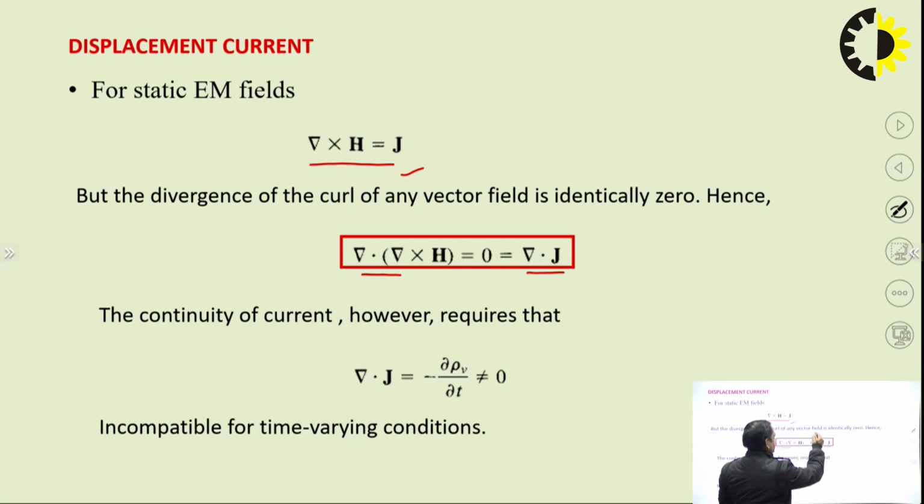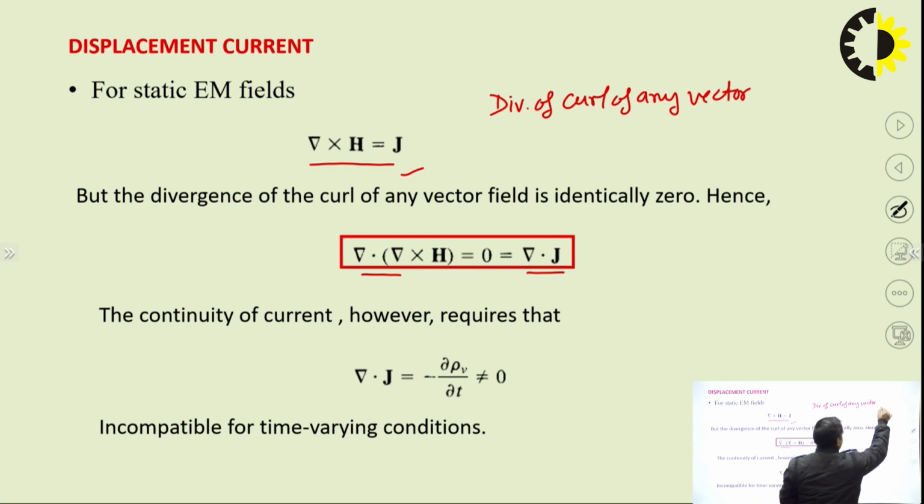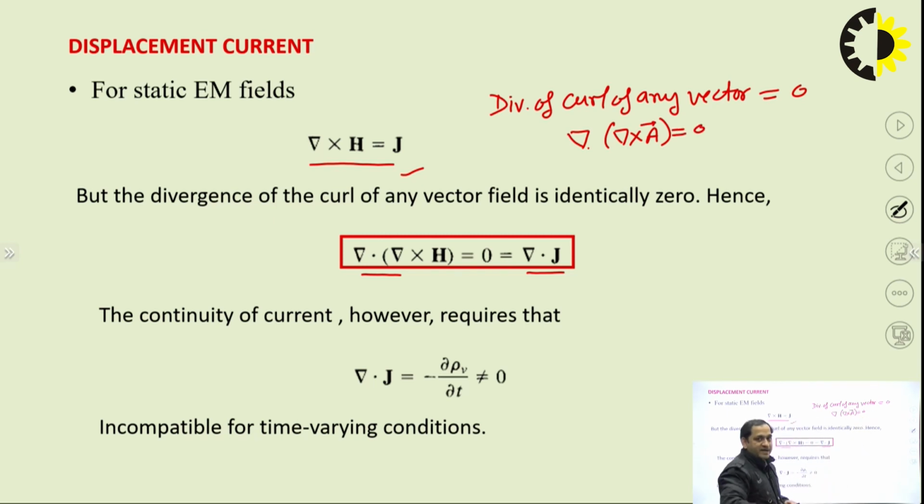In representation, divergence of curl of A is equal to 0, where A is the magnetic vector potential.